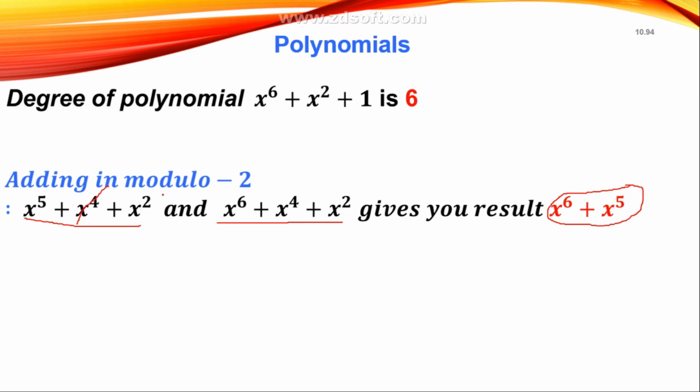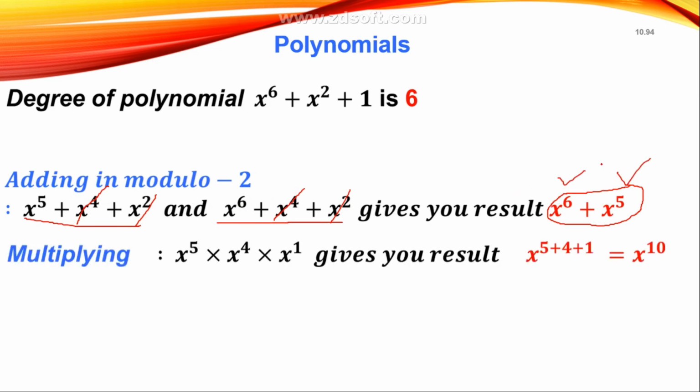These two terms get cancelled because what we are doing is an XOR operation. So XOR of x squared and x squared, two similar bits, is 0. Similarly, XOR of x raised to 4 and x raised to 4, again similar bits, is 0. But you would find x raised to 5 XOR with no x raised to 5 term, so two dissimilar bits are there. So it would give you the answer x raised to 5 and x raised to 6.